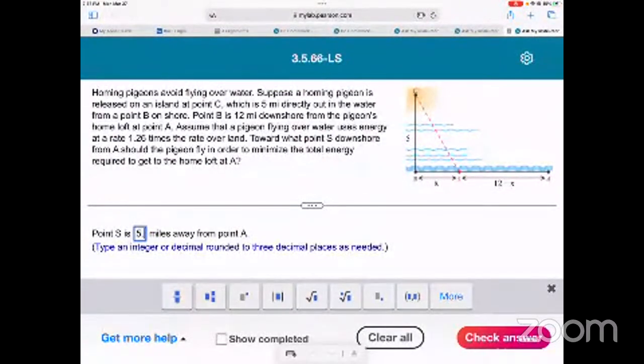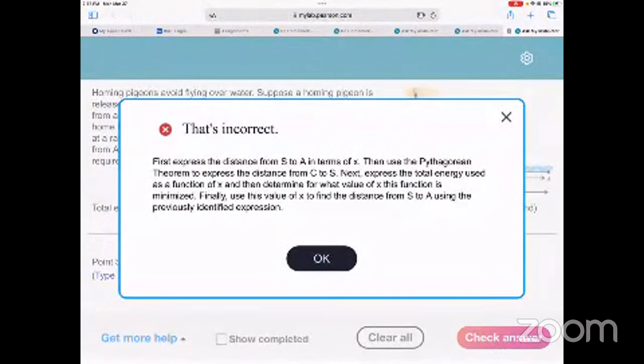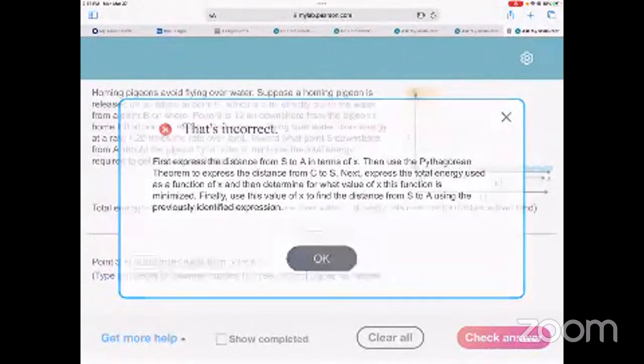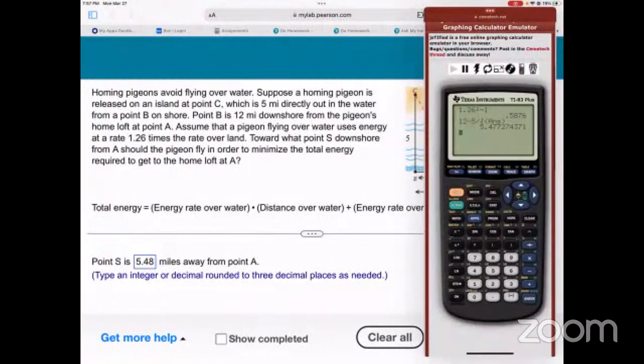All right, let's see. First express the distance in terms of x. Express the total energy. Let me look at their example. I think it's with the energy thing. Let me check this. Yeah, it should be rounded to there. Yep. Square root of that. Okay. Maybe we got the energy consumption wrong.